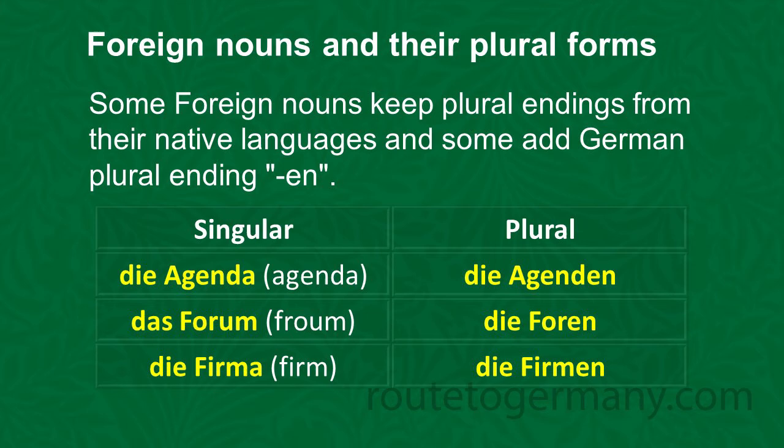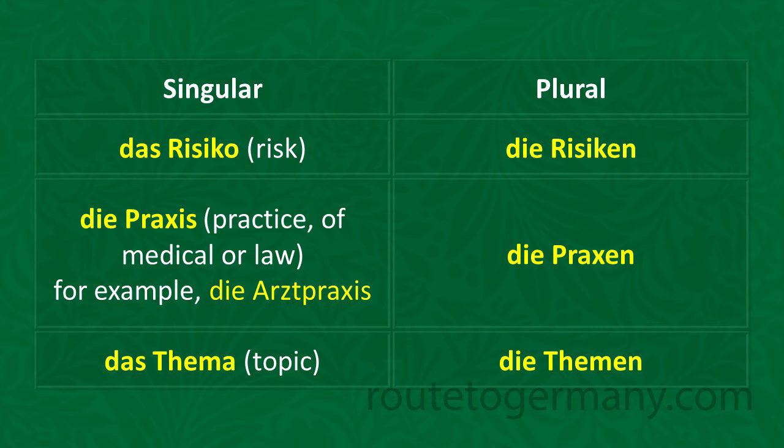Some foreign nouns keep the plural endings from their native languages and some add the German plural ending en, like die Agenda, die Agenden, das Forum, die Foren, die Firma, die Firmen, das Risiko, die Risiken, die Praxis, die Praxen, das Thema, die Themen.